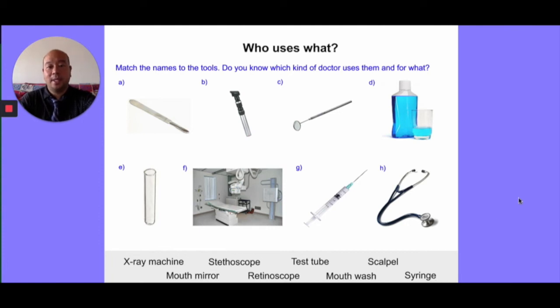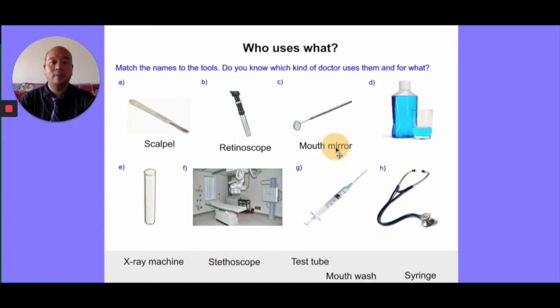Okay, can you match these words to each of these pictures correctly? Let's try together. So starting from A, what's this? This is what we call a scalpel. Okay. Picture B is a retinoscope. Picture C is a mouth mirror.